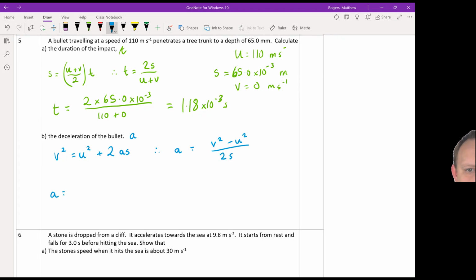So putting the numbers in, this is 0 squared minus 110 squared divided by 2 times 65 times 10 to the minus 3, which gives us our acceleration, again rounded to 3 significant figures, of 93,100 meters per second squared.